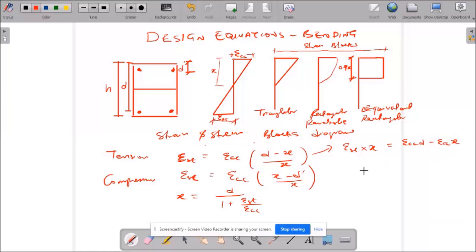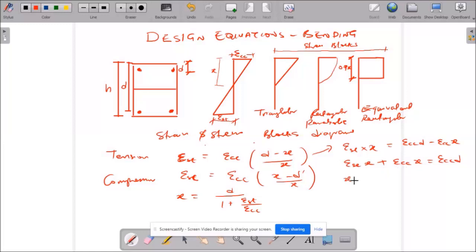We pick this to this side, so we have Est x plus Ecc x is equal to Ecc d. What is common here?